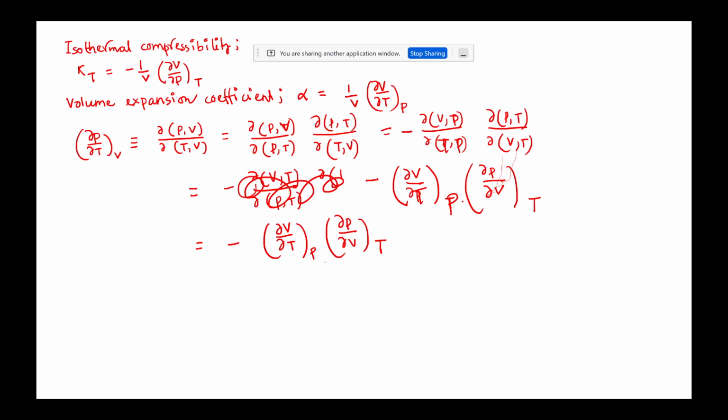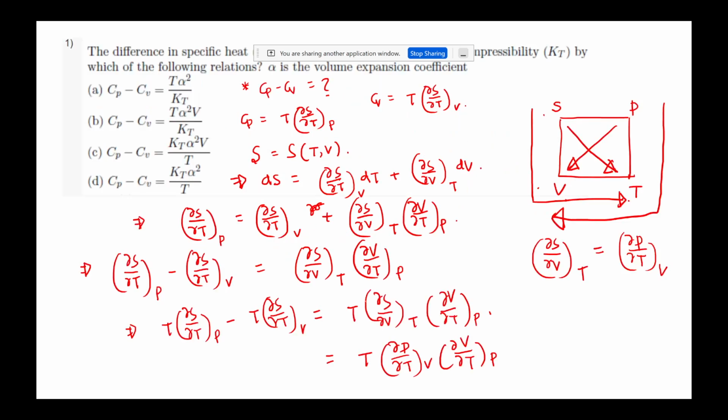Now I will plug this expression into this expression.